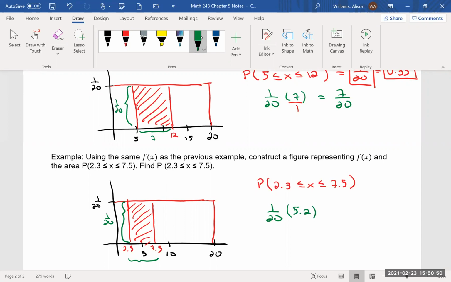And 5.2 times 1 over 20, I can use the same idea where I put it over 1, and I'm really doing 5.2 divided by 20. It wouldn't make sense to leave it in that form, so I'm going to take a second and divide that. I'm getting 0.26. So that would be the probability that this random variable is going to be between 2.3 and 7.5.